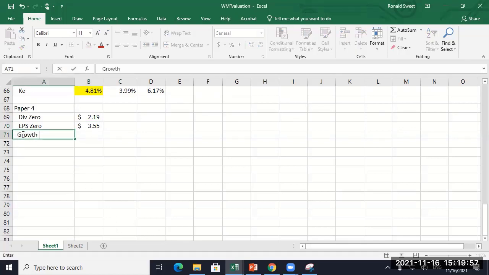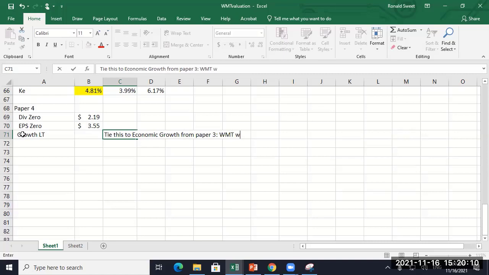We need long-term growth. And I'm going to tie this to economic growth in paper 3. I'm going to say Walmart will grow more slowly, excuse my grammar, as they are already well saturated in their markets.